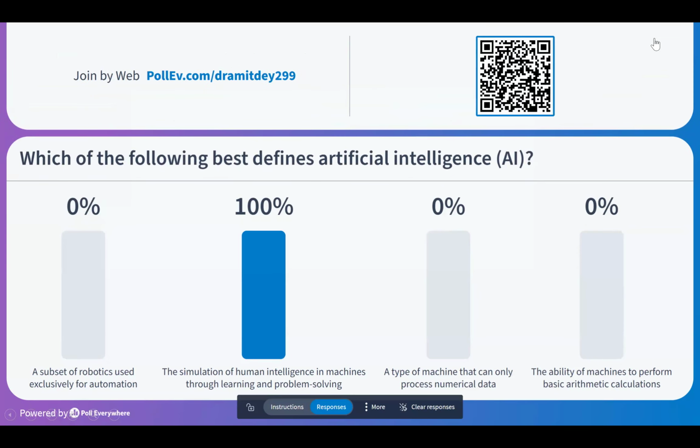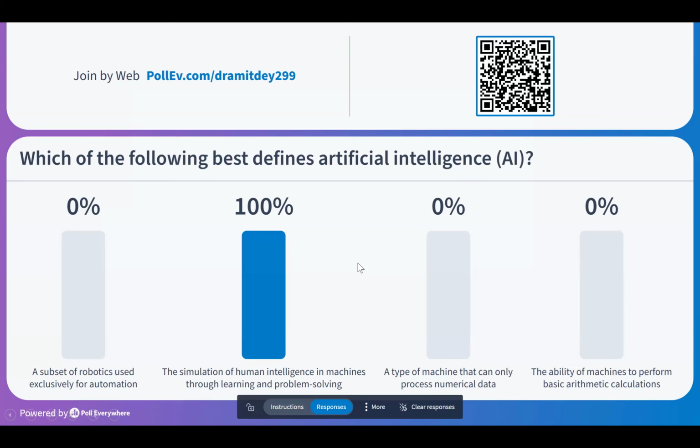This is just to get us interactive. The QR code is there on the screen. Scan the QR code, and I want a response from each one of us. I think we have 34 candidates in the batch, so let's have responses coming in from each one of us. All you need to do is scan the QR code once, and after scanning, just keep the page open on your mobile phone. Do it from your mobile phone, so your computers will stay for the presentation.